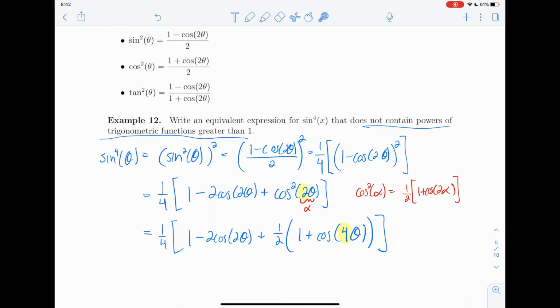So when I use this formula up here, I was multiplying by an additional 2. At the end of the day, this is a nice formulation of sine to the fourth such that every present trig function has no power greater than 1. Now I could distribute the 1/2 and the 1/4 and clean this up a little bit if I want to, but simplification is not necessary.